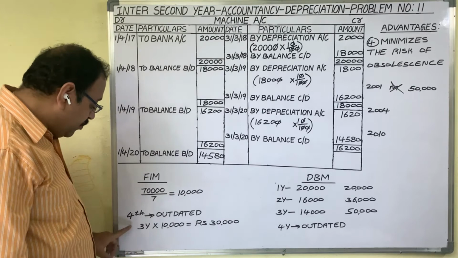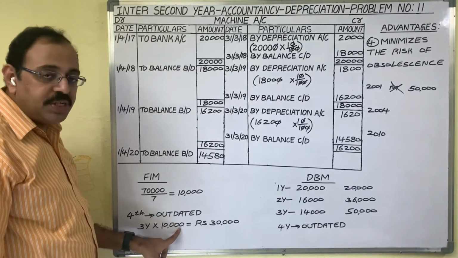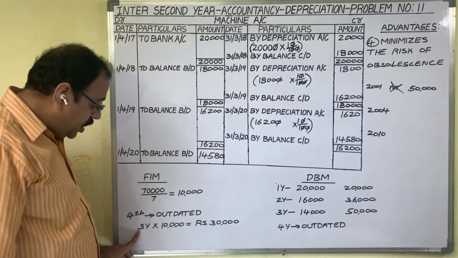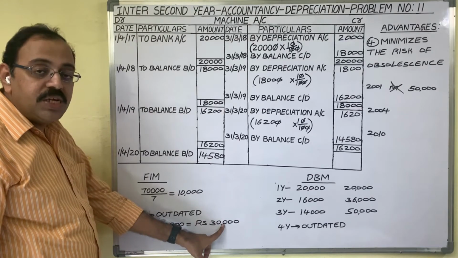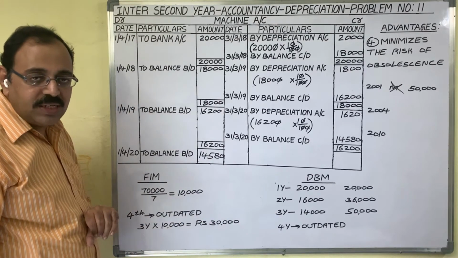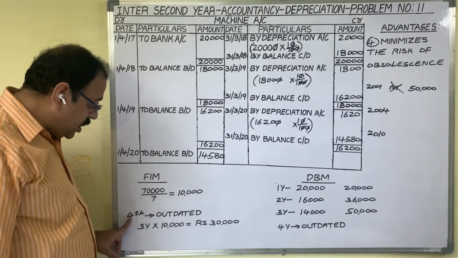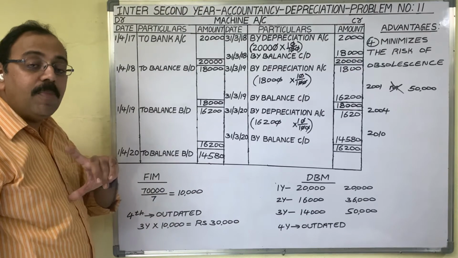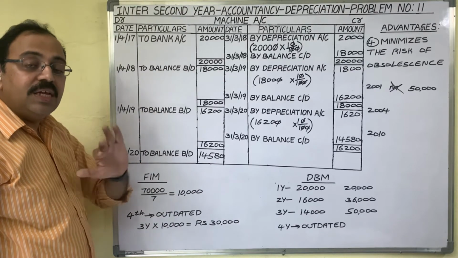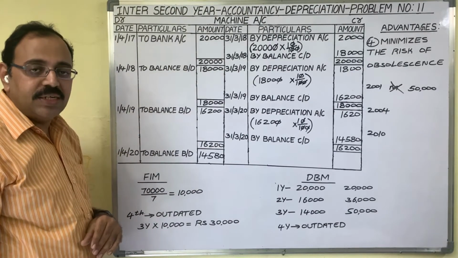Assume that the firm provided 3 years of depreciation. So 3 years into 10,000 per annum, 30,000 depreciation the firm has provided on this asset. And in the 4th year, the asset became obsolete. It became outdated. It is replaced with a new asset.